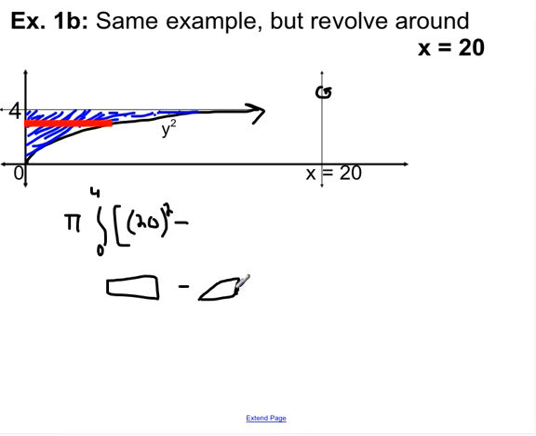This side is 20, this is our square root, or in this case, y squared. So I have 20 minus y squared. The way to describe the white space area is 20 minus y squared, and again, square that quantity. And close our parentheses, dy.